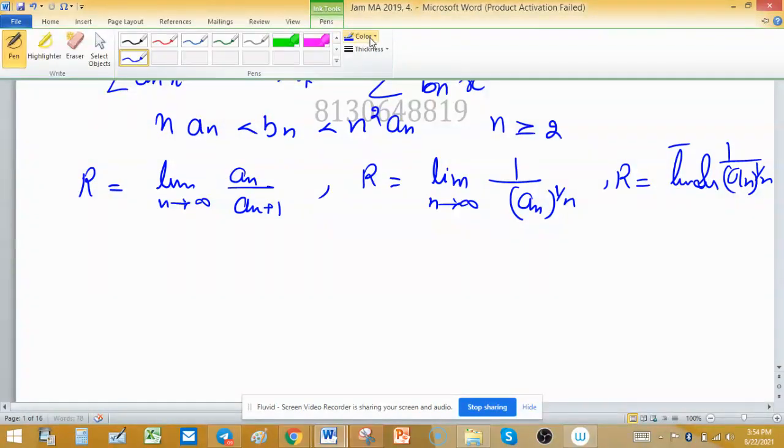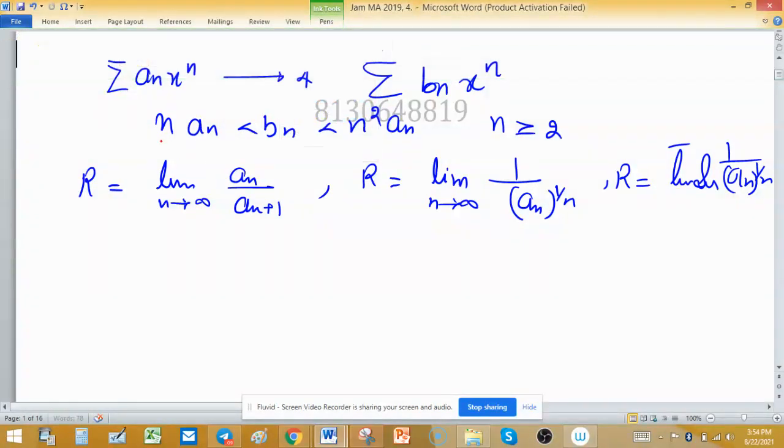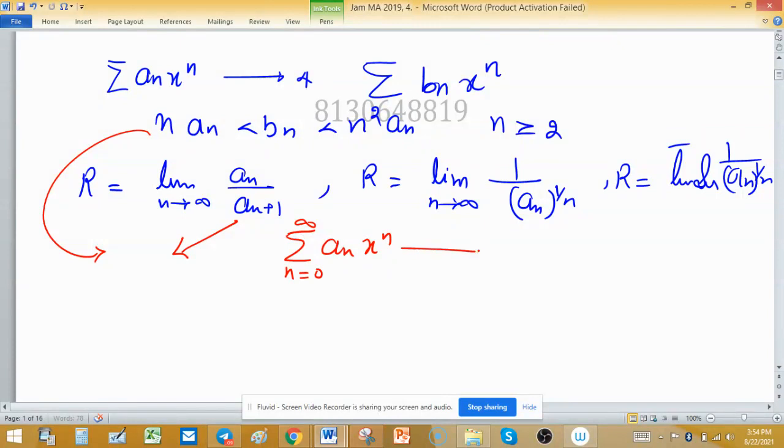As you can see, this is the inequality which is given to us, and we will use it to find the radius of convergence of the power series. Normally this is the standard format of the power series, a_n x^n running from 0 to infinity.